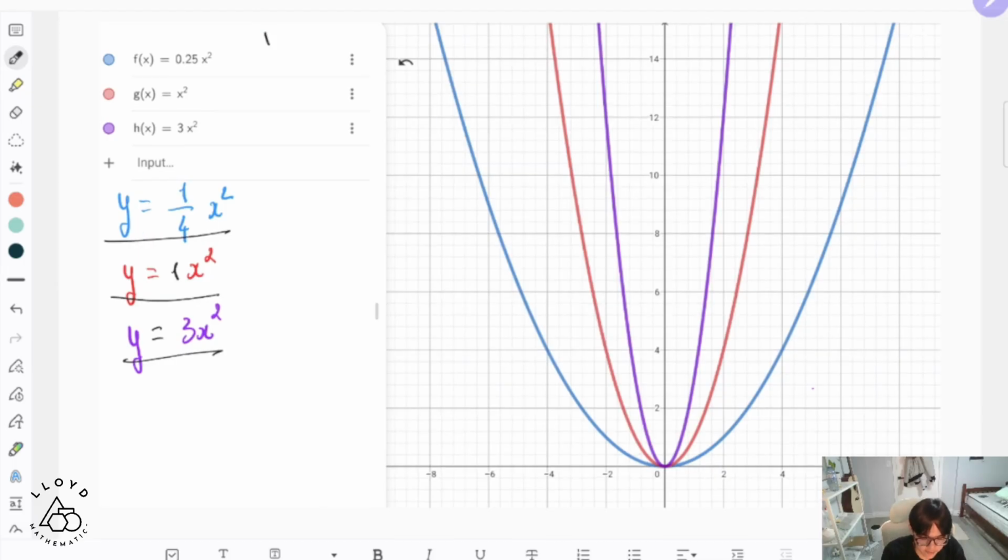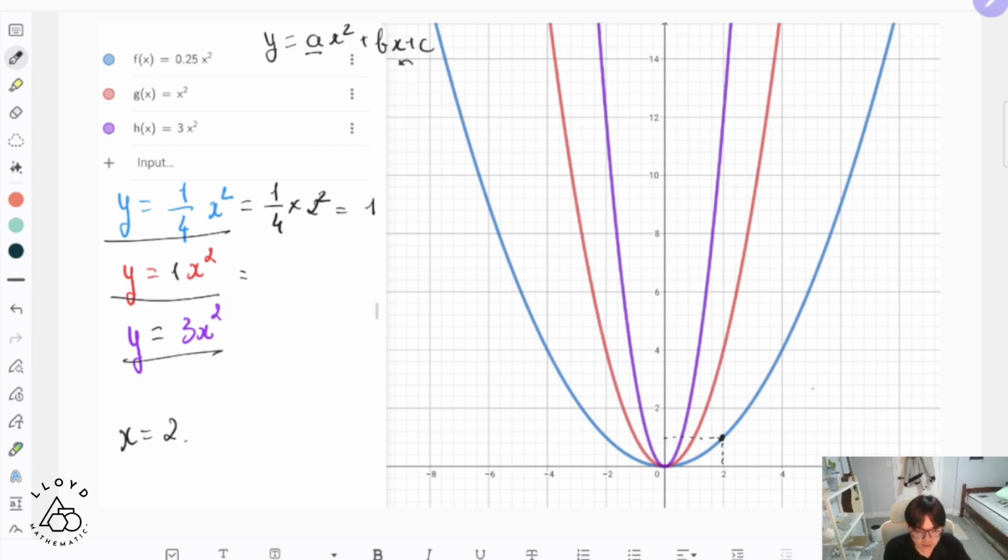I can put the formula again here: y equals ax squared plus bx plus c, right? It's just different in the a value, so it changes the form of the graph. I will explain why. Let x equal 2, for example. With x equal to 2, the first one becomes 1 over 4 times 2 squared, which equals 1. That will cut at this point.